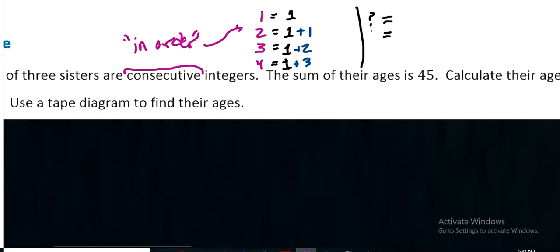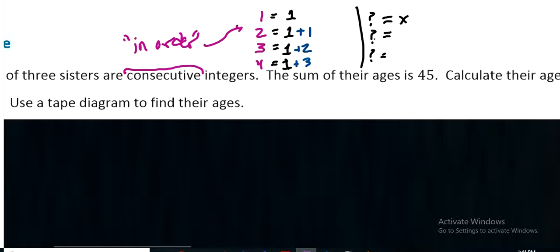Let's pretend I didn't know what this was, but I knew that these three numbers were consecutive. Well, I don't know what this number is, so I wouldn't be able to put 1 here. Since the number is unknown, I would put x.